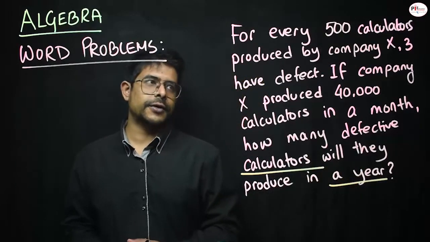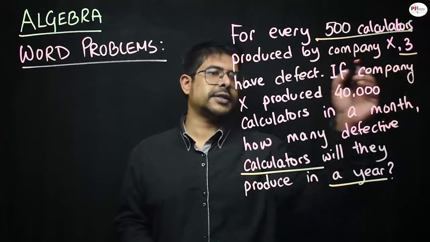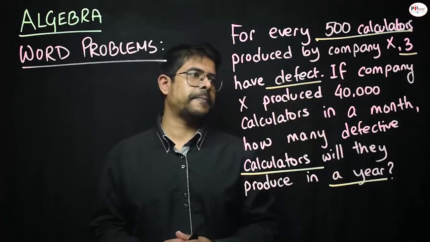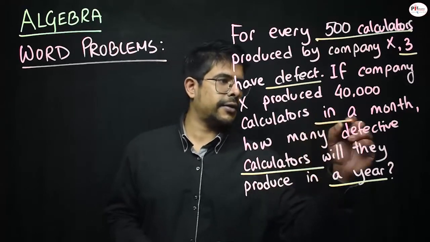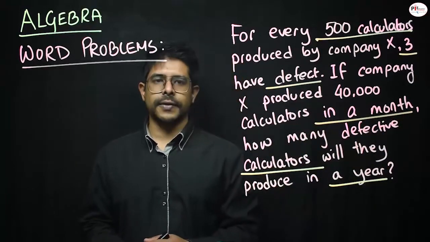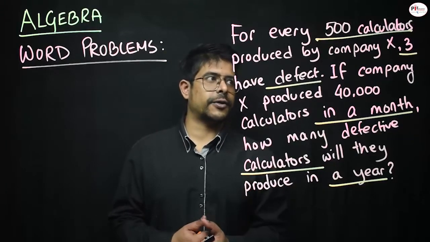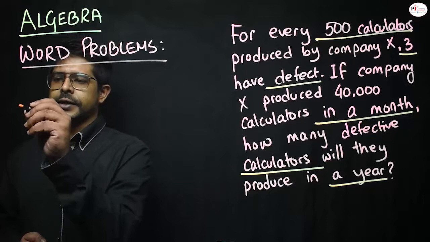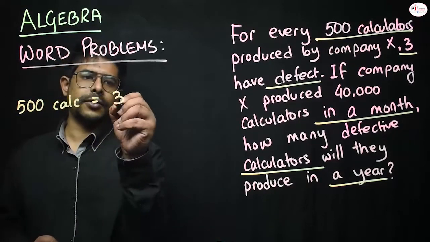So what are the conversion rates? We have 500 calculators and 3 defects. Now we have another factor as well, in a month. So let's write down the conversion factors and let's get it over with. First things first, 500 calculators has got 3 defects.